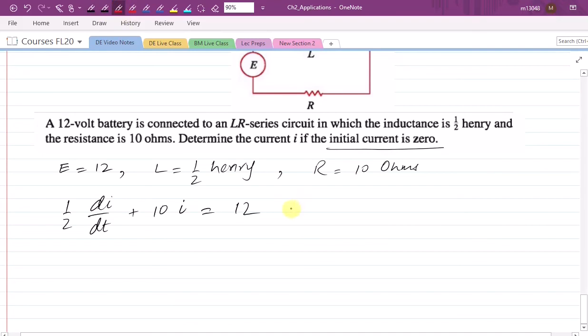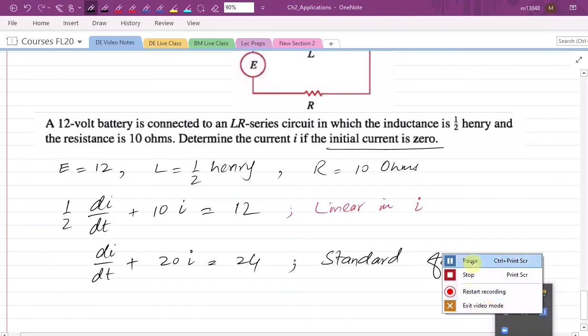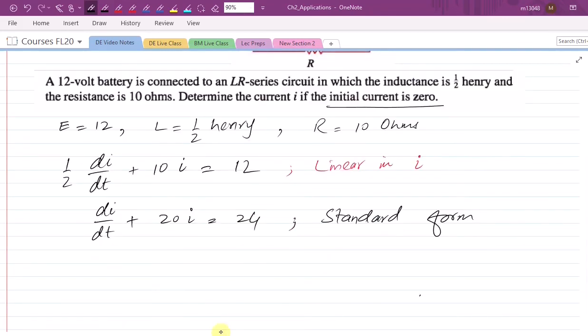Clearly, this is linear in the variable I. The first thing we need to do is divide by half, so we actually multiply by 2 to get rid of this half. And that is our standard form. This is a linear equation.